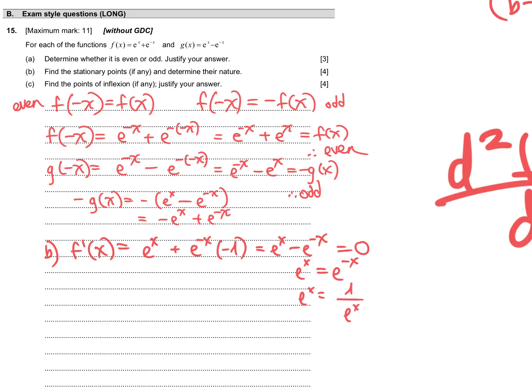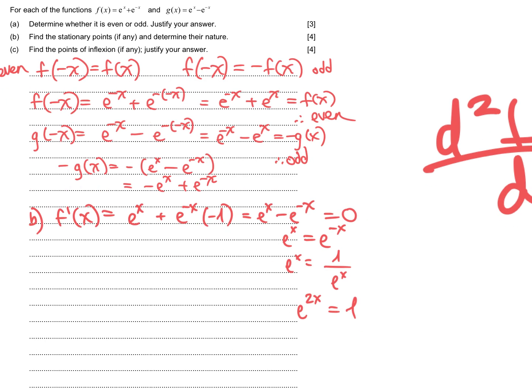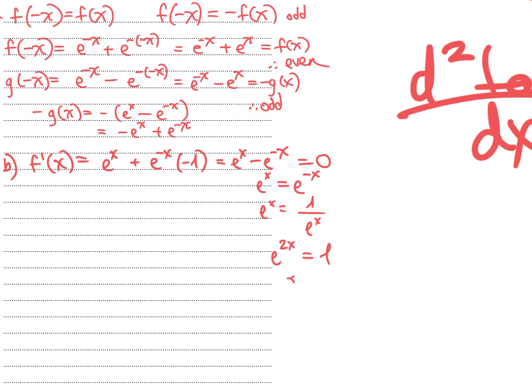And if we cross multiply by e to the x, we're going to have e to the x times e to the x, which is e to the 2x equals 1. I think you can just see it's just x equals 0. You could do the natural log of both sides, and then you get x is 0.